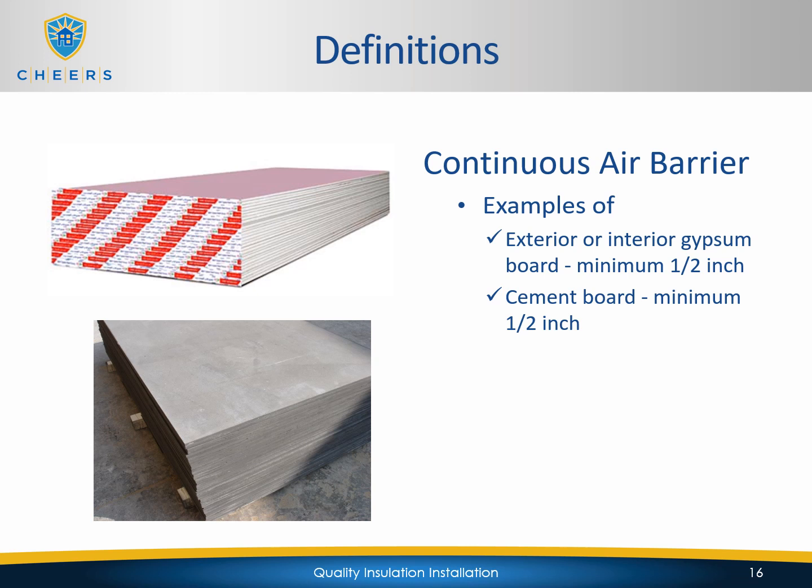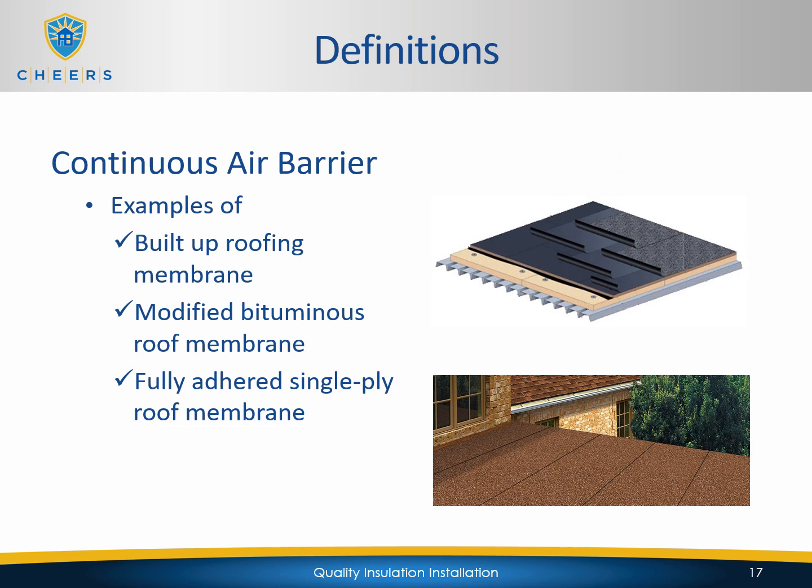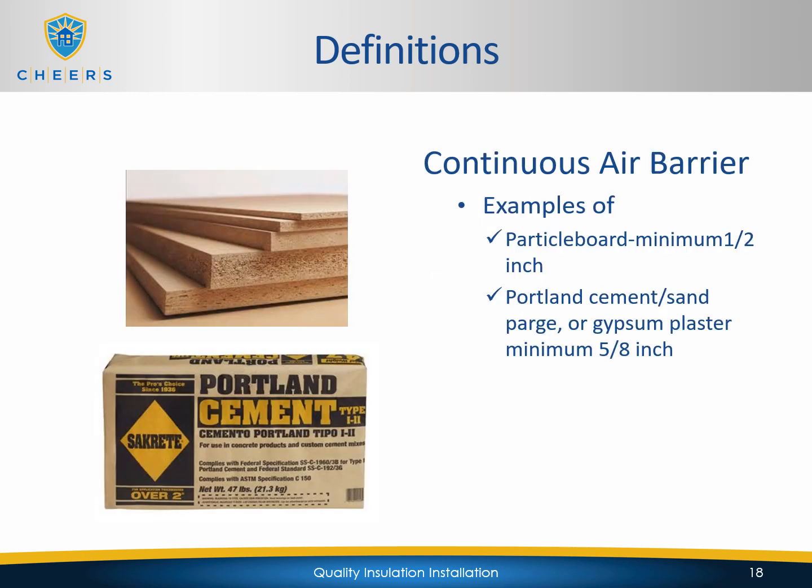Also exterior or interior gypsum board, minimum 1/2 an inch, or cement board, minimum also 1/2 an inch. You could use a built-up roofing membrane, modified bituminous roof membrane, or fully adhered single-ply roof membrane as well. Particle board, minimum 1/2 an inch, or Portland cement or sand plaster or gypsum plaster, minimum 5/8 of an inch.